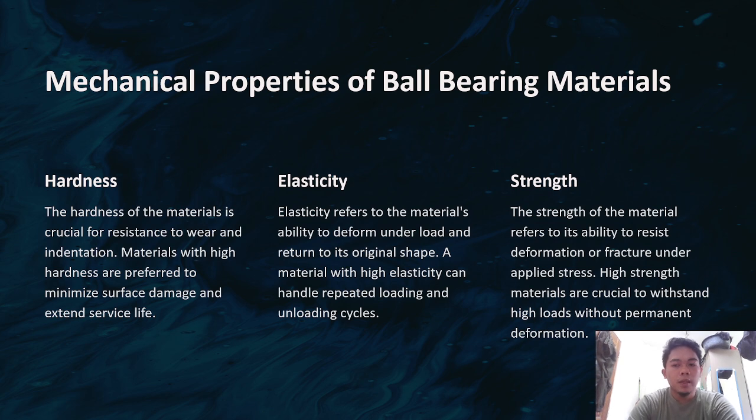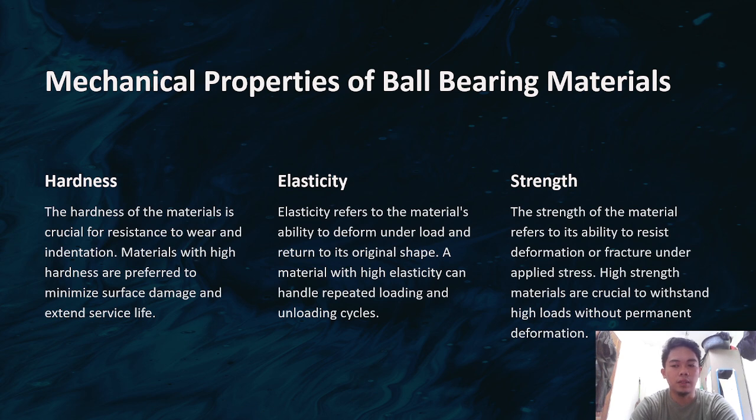So the importance of this property, referring to their ability to deform under load and then return to their original shape when the load is removed. This characteristic is essential for ball bearings as they frequently undergo repeated loading and unloading cycles during operation.